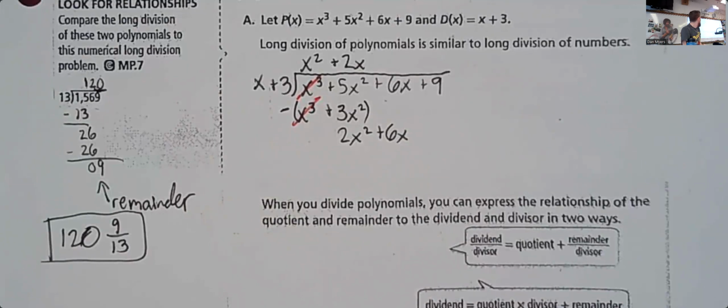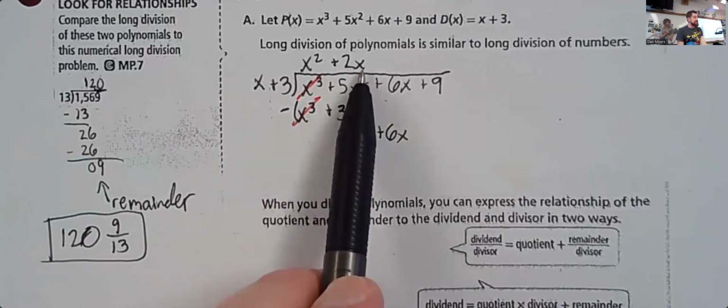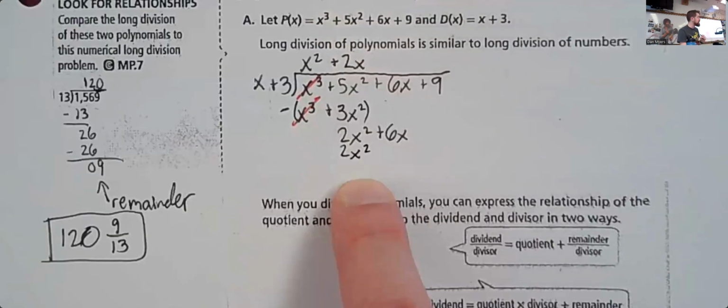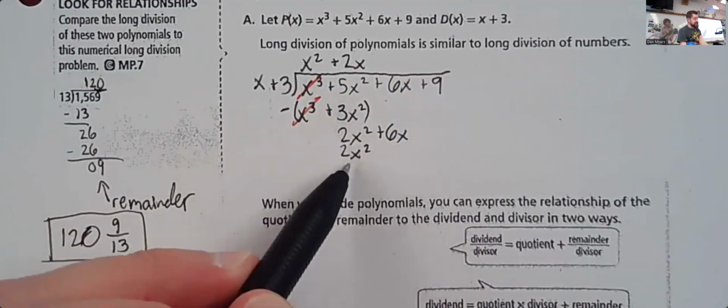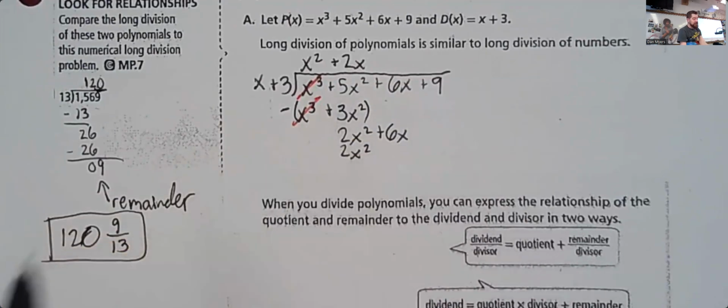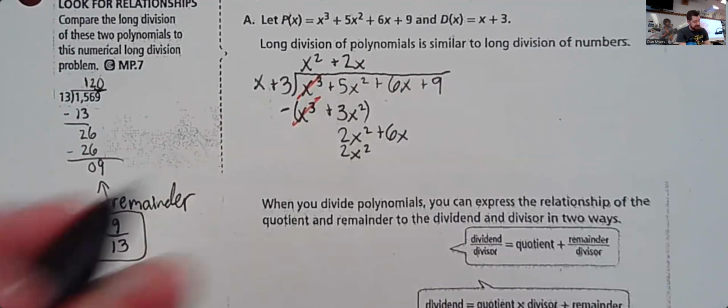All right. Next, we're going to multiply. 2x times x is 2x squared. These terms, the first terms with the multiplication and what you had previously, should always match. It matched here with the x cubed. It's going to match here with 2x squared. Then we're going to multiply 2x times 3, which is 6x.